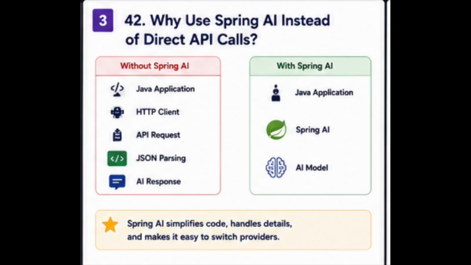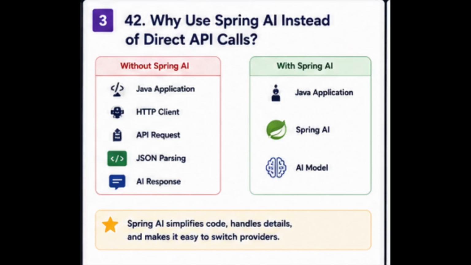Why use Spring AI instead of direct API calls? A Java application can directly call an AI provider's REST API using an HTTP client. But then the developer needs to handle many details manually. For example, creating the HTTP request, managing authentication, creating request JSON, parsing response JSON, handling errors, and managing model specific details.